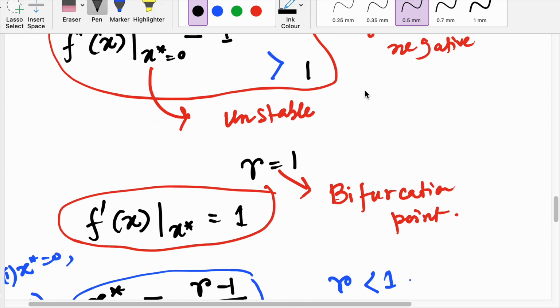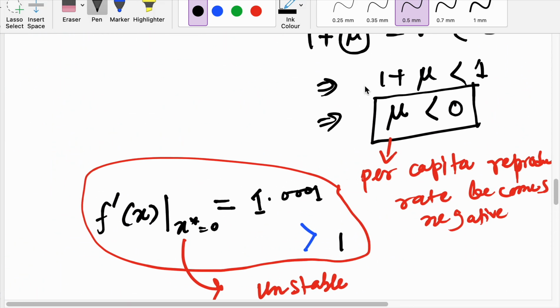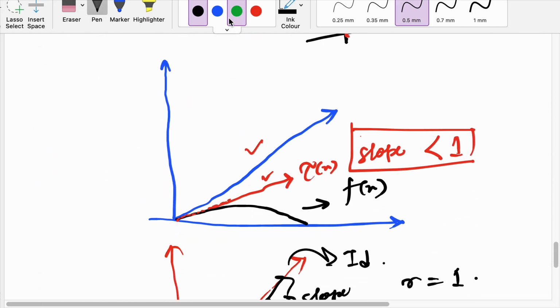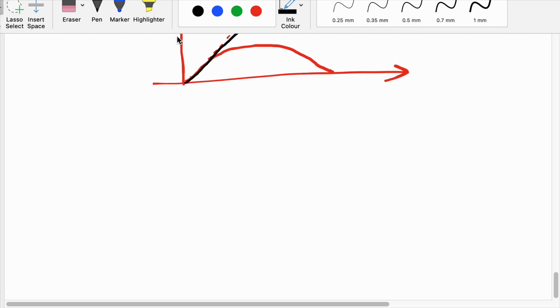So this is called a bifurcation because of the change of parameter. So this is only one kind of bifurcation, and this bifurcation is called transcritical bifurcation.